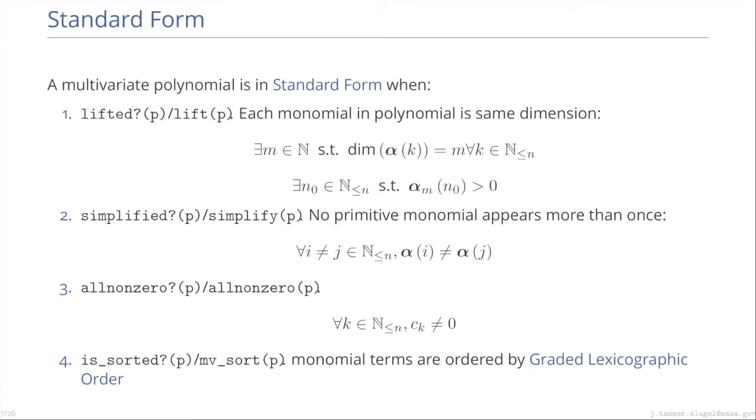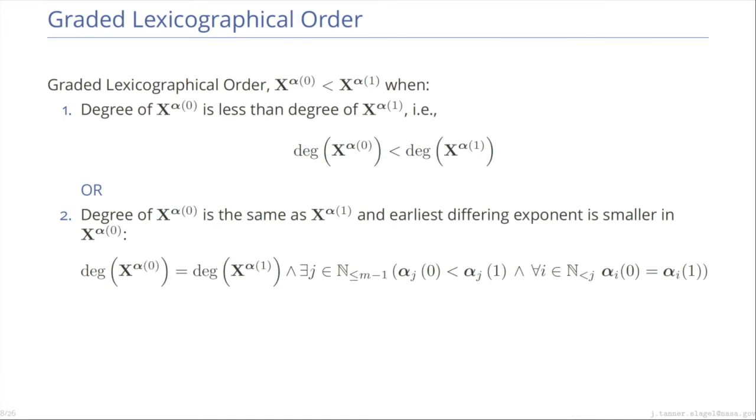And then finally, the monomials that appear in a list must be sorted in some way. There are a lot of different ways to sort monomial terms. We chose graded lexicographical order. It's a total order on monomials, and one monomial is less than the other monomial when one of these two statements is true.